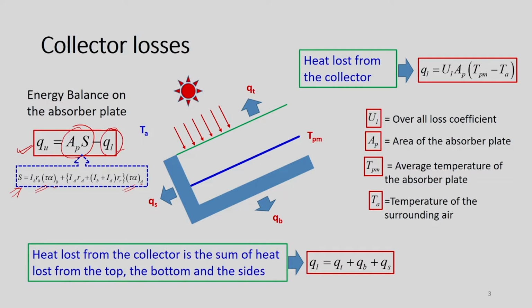This Ql is a function of all the losses taking place from the top of the collector, from the side of the collector, and from the bottom of the collector. What I have shown here is one glass cover and then the absorber plate. Of course, tubes will be there through which the heat transfer fluid flows, right?